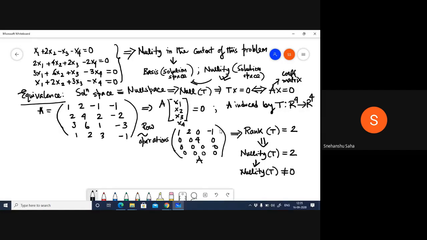Now, if the nullity of T is non-zero, what do we know?